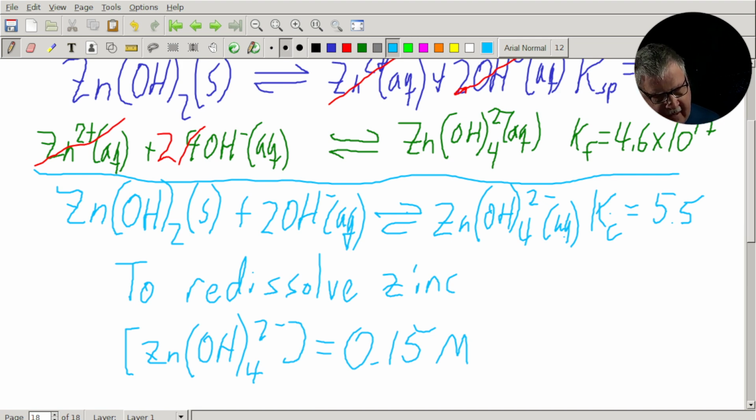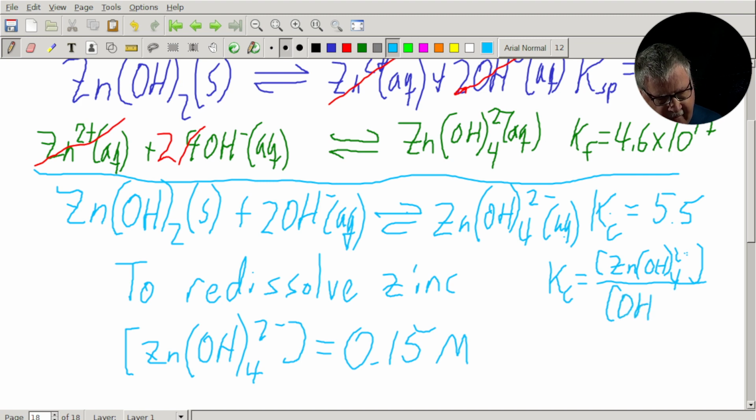All right, now let's look at this mass action expression. This Kc represents the equilibrium concentration of that complex, and the only thing that goes in the denominator is the concentration of hydroxide ions squared.